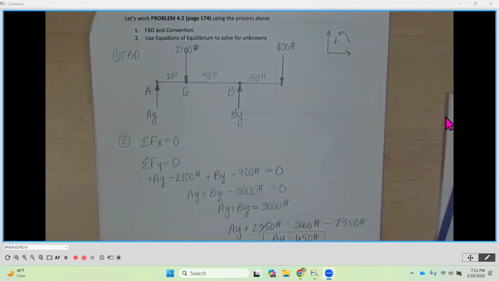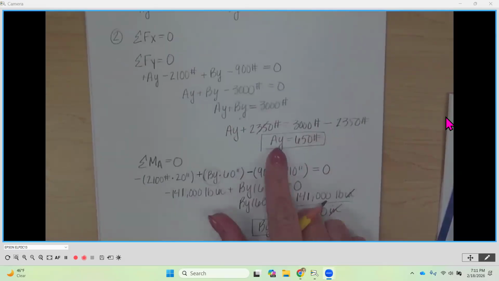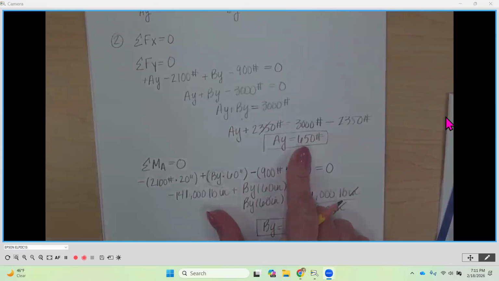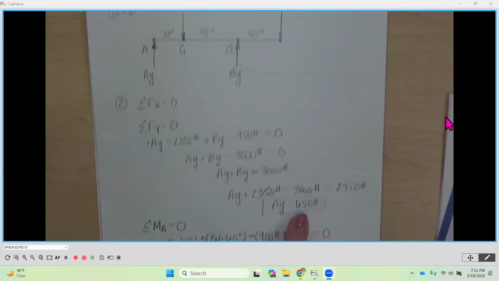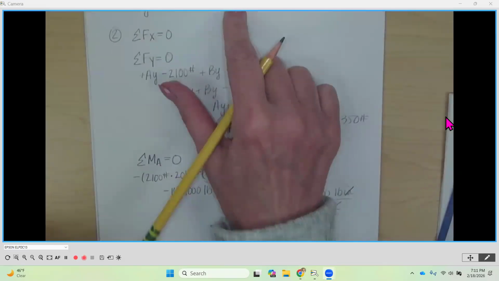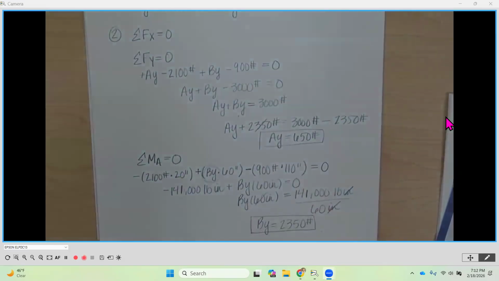Even if I had a problem where my reaction I assumed was going down, if I end up with a positive value as my magnitude, that means whatever direction I assumed was correct. I happen to assume up here, so getting positive values for Ay and By means you were correct in that direction.